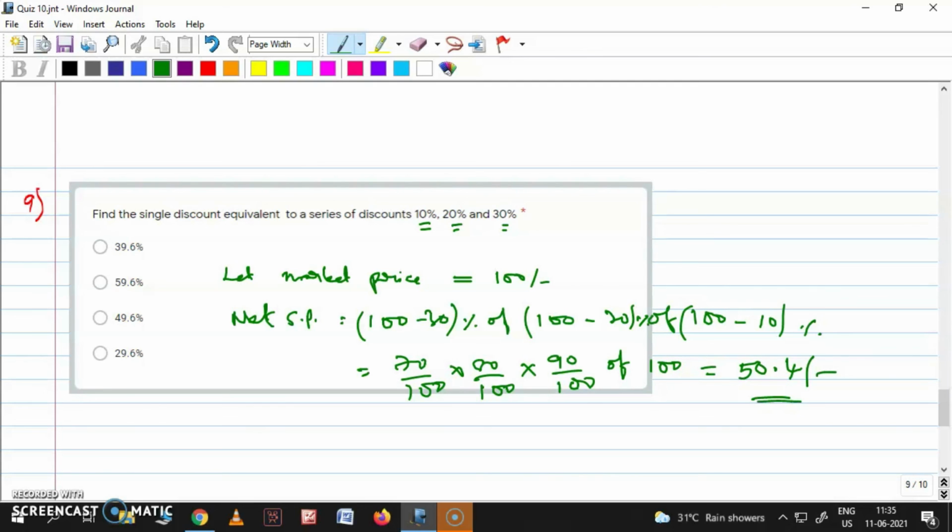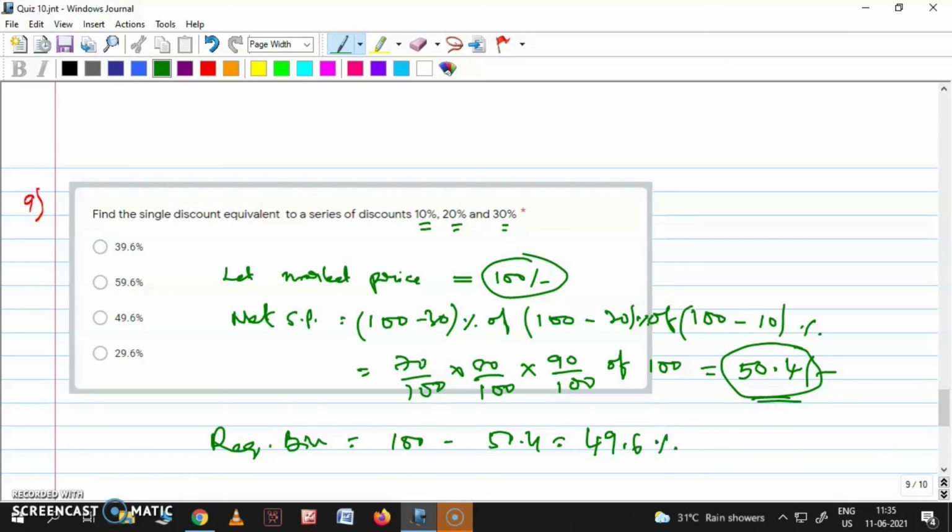So to sell something worth 100 rupees, they are selling it for 50.4 rupees. So what is the discount here? The required discount is equal to 100 minus 50.4, which is equal to 49.6 percentage. So this is the answer. Let's move on to the next question.